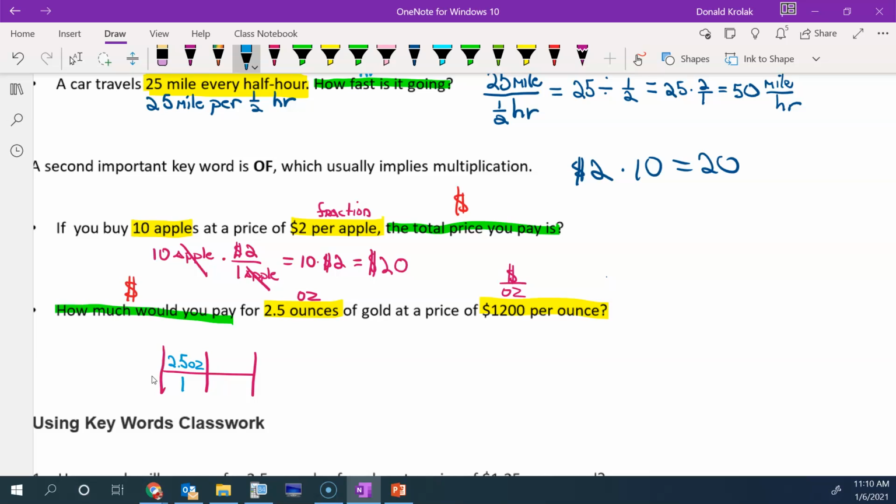And then in this box, you put 1,200. And then this is per ounce, so that's ounces. It's just like writing 2 fractions. Ounce, ounce. And I end up just multiplying those, and all I'm left with is dollars.